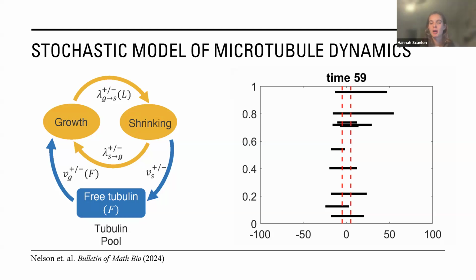That model is a stochastic model. It's a Markov chain model that represents either end of the microtubule as being in a growth or a shrinking state. The switching rates between growth and shrinking are characterized by a time component. While either end is in growth or shrinking, there are different growth and shrinking velocities that dictate how much the microtubule grows or shrinks.